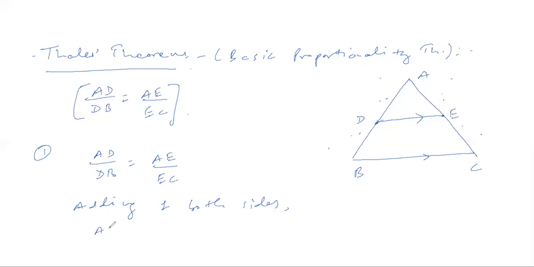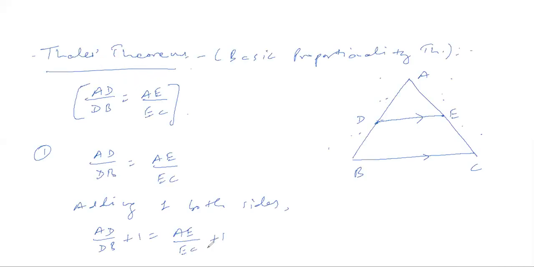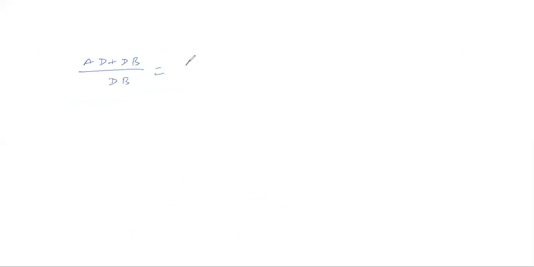It will be AD upon DB plus 1, and this side will be AE upon EC plus 1. So we'll get AD plus DB upon DB equals, on taking LCM, AE plus EC upon EC.